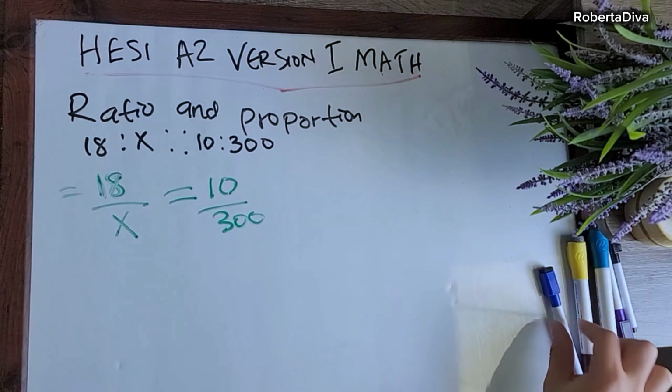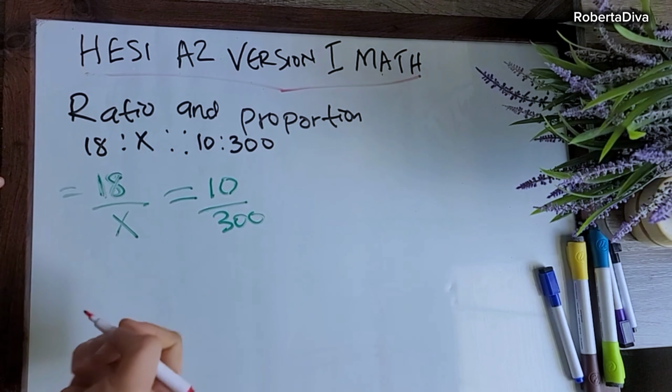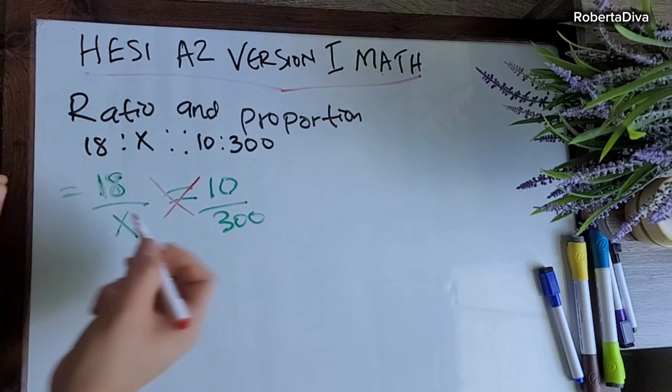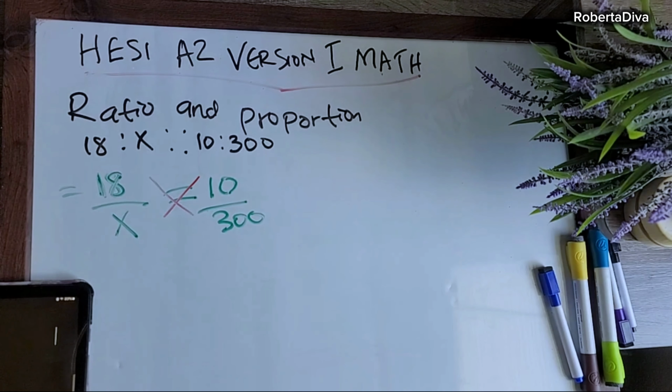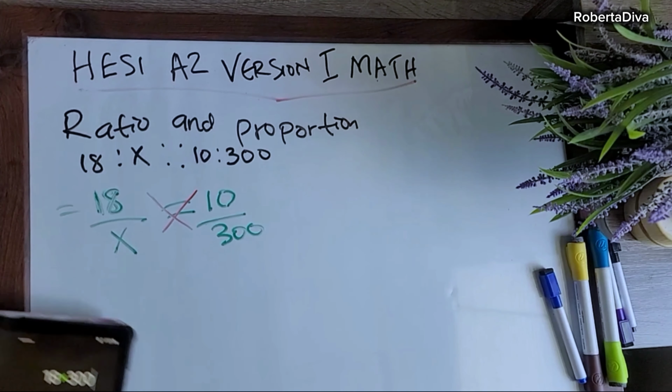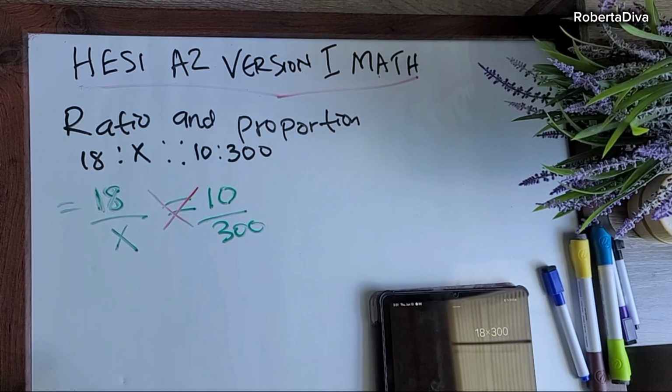So you cross multiply. 18 multiplied by 300 equal to x multiplied by 10, right?